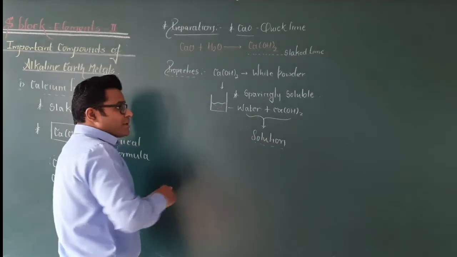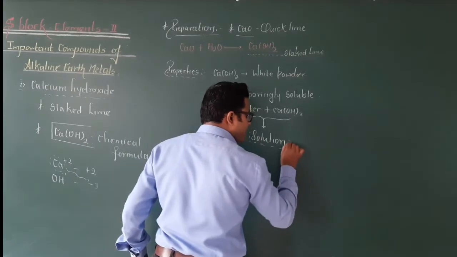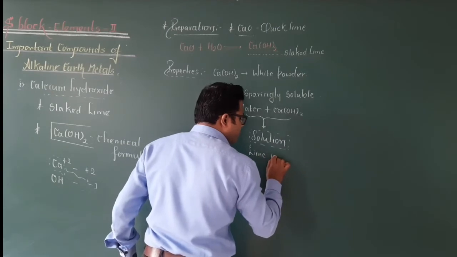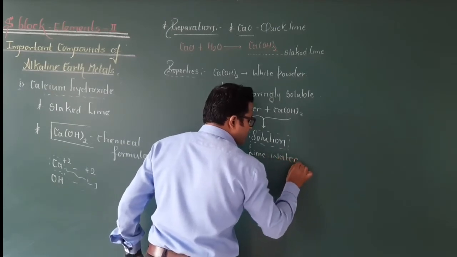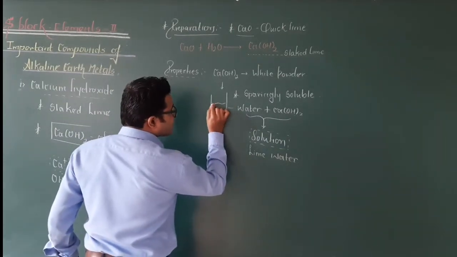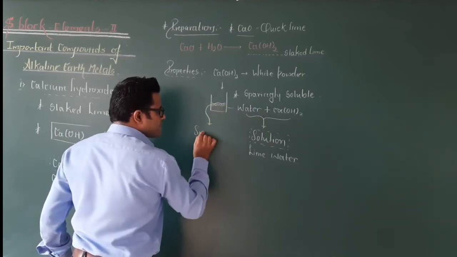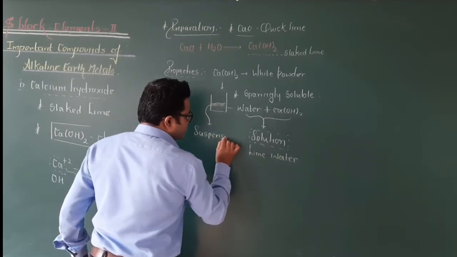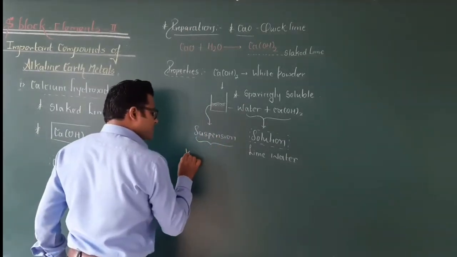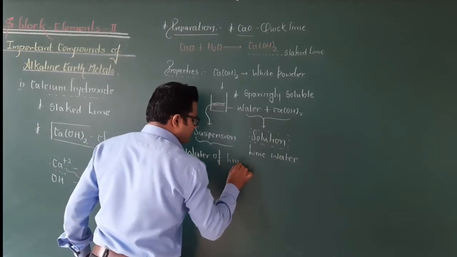This solution which we get upon addition of calcium hydroxide in water, we call it lime water. If you observe only the liquid over here, which is usually called a suspension, this suspension is called water of lime.